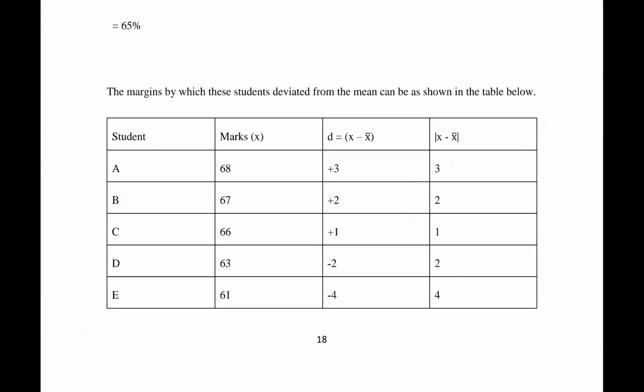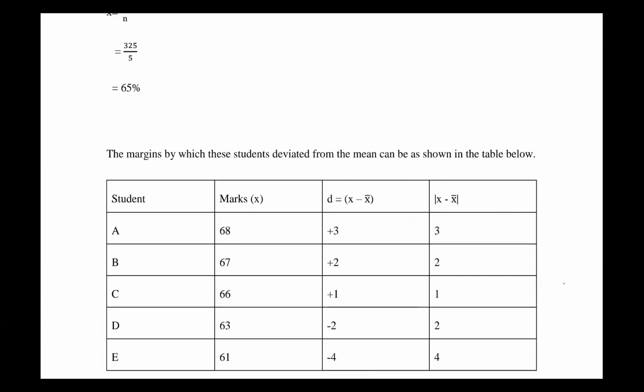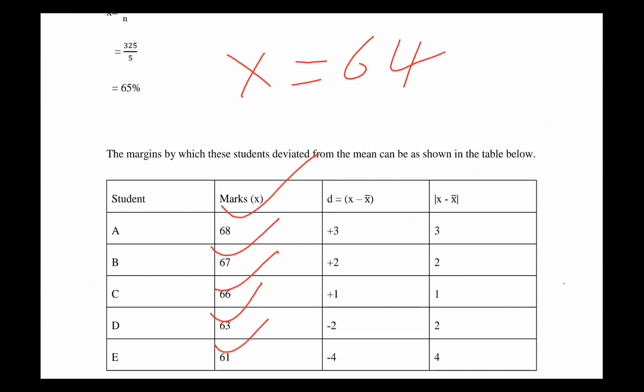If that is clear now, let's talk about the deviations. It is very important to follow nicely. The mean is 65. The individual scores are 68 for student A, 67, 66, 63, and 61 for E. These are the X variables.